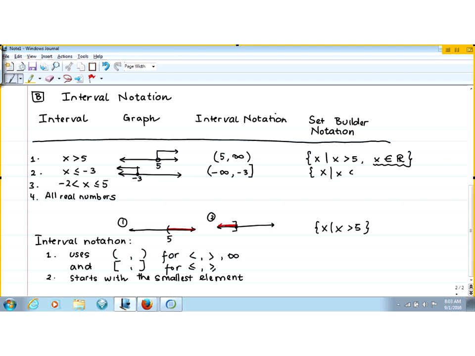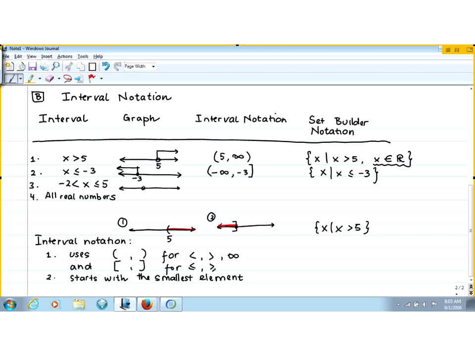X such that x is less than or equal to -3. So I could write x is an element of real number, or I don't have to. So it's optional. All right. Okay, next is pretty easy also.